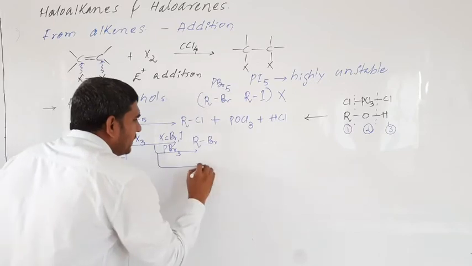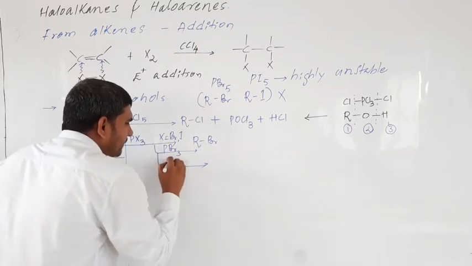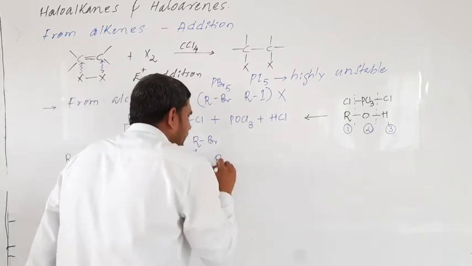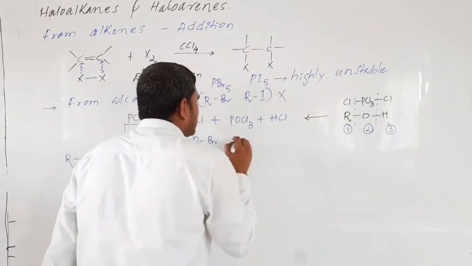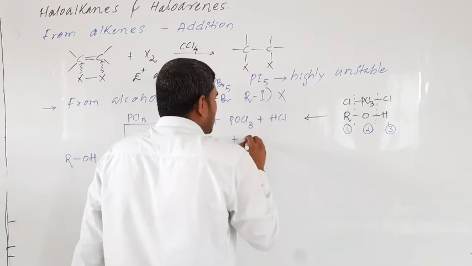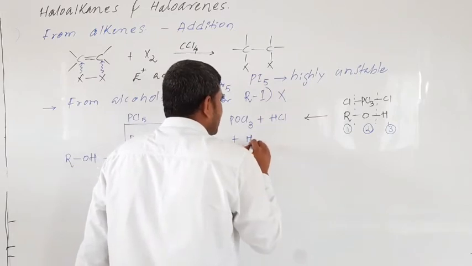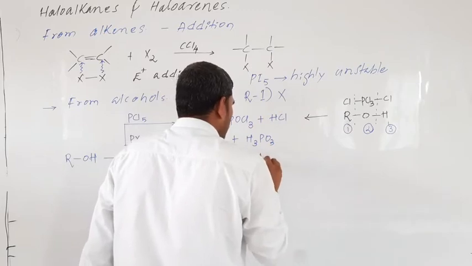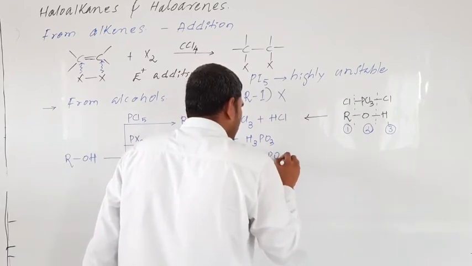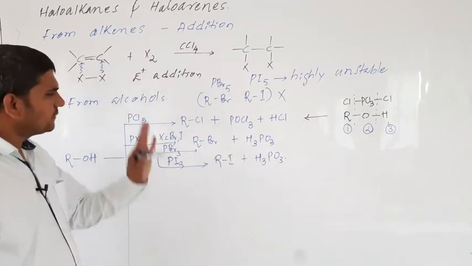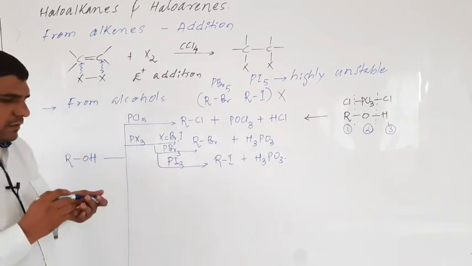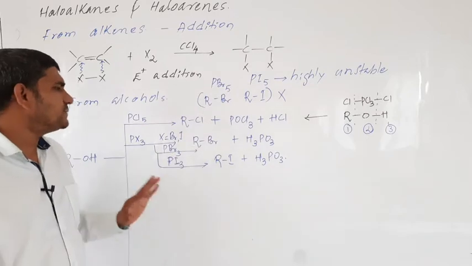If you take PI3, then you will get RI. But over here byproduct is different, that is orthophosphorus acid, H3PO3. Mechanism we will discuss in theory classes. Okay, there you should remember these points.